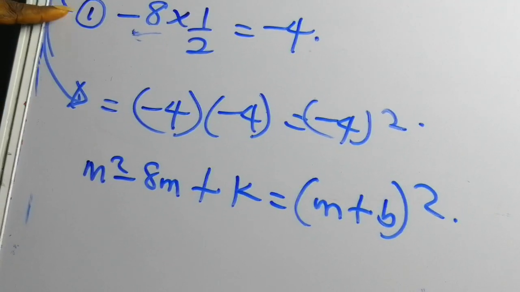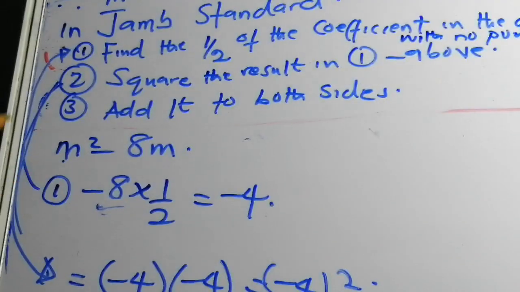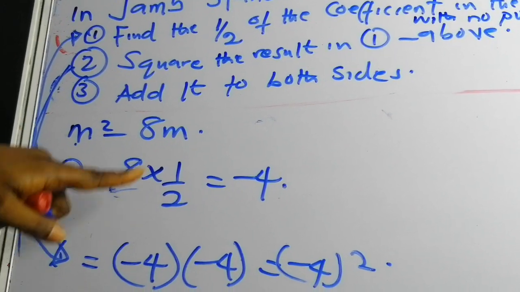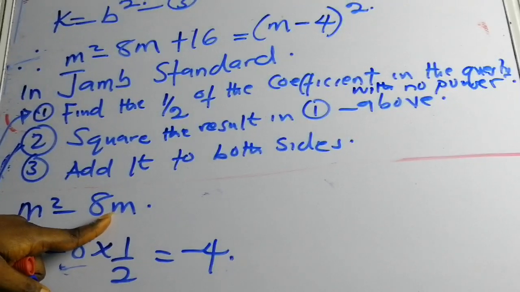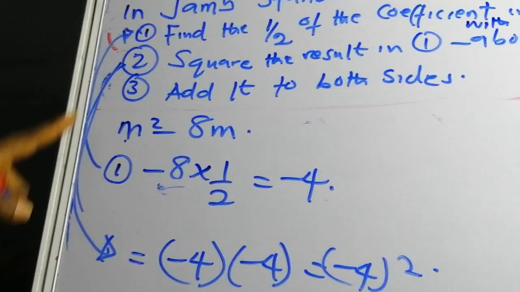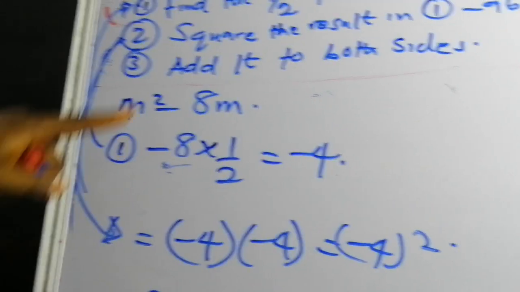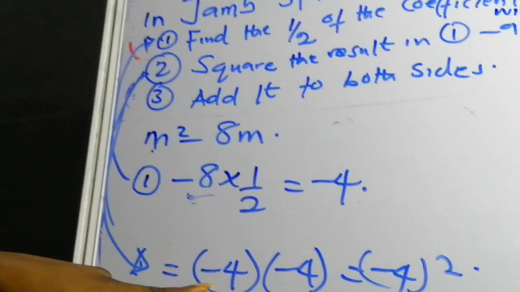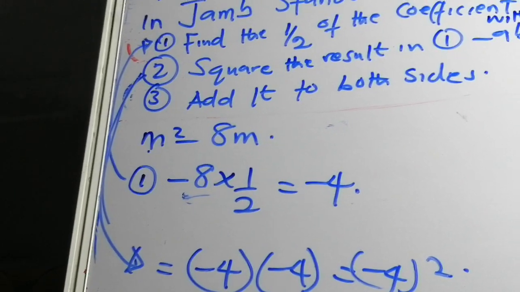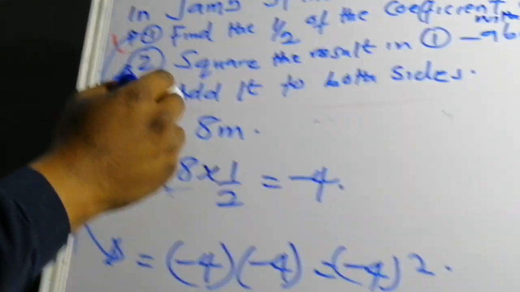So I've done the first one: find the half of the coefficient of m with no power. M here has no power. What is the half? Minus 4. Now, the instruction of number 2 said square the result in one above: minus 4 times minus 4, that's square. Then it means that we add it to both sides.